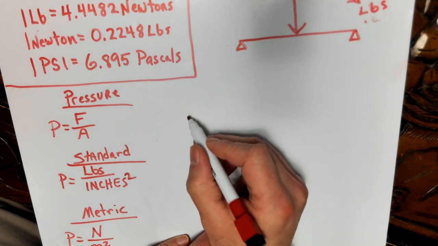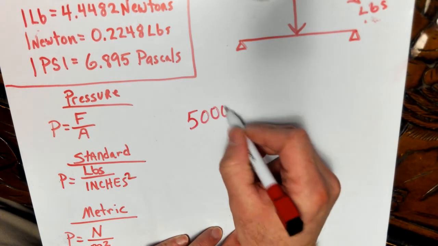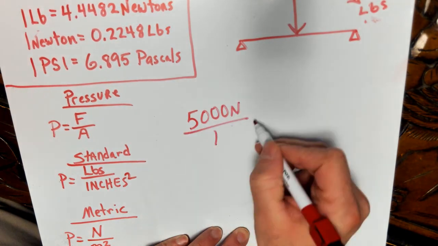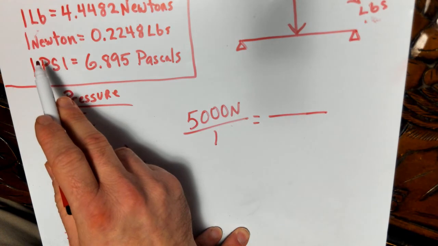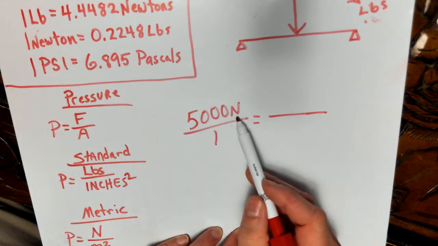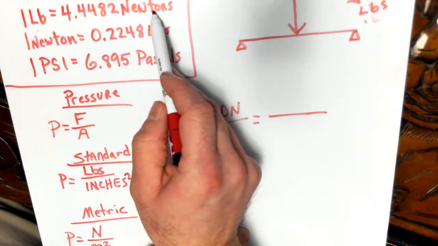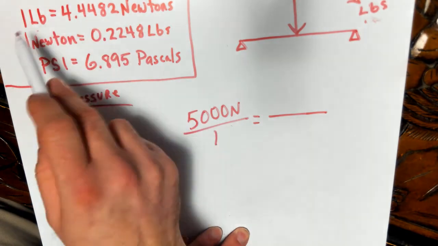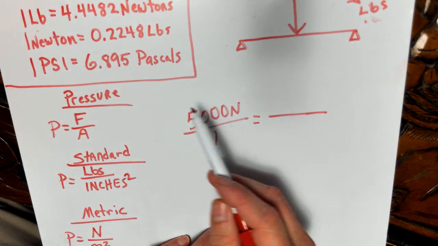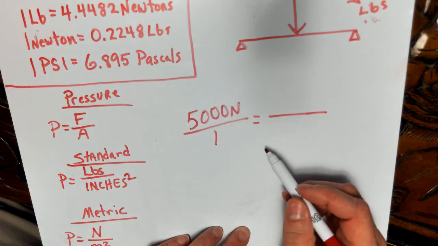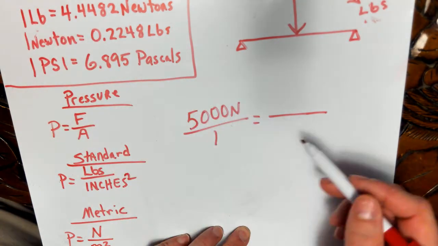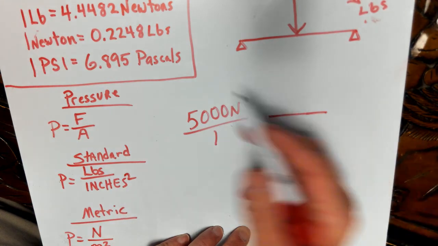So I take again my 5,000 newtons, divide it by 1, equal. Come over here, and which one works? I got newtons, or I got newtons. These two formulas I can use, okay? So which one do I use? It doesn't matter. Let's use the top one up here just so I can show you a different little style of how to do it.